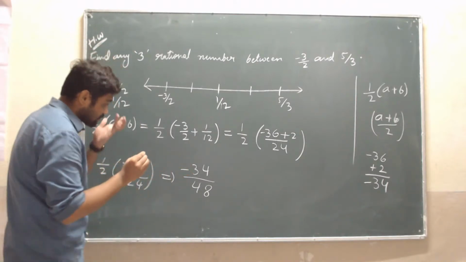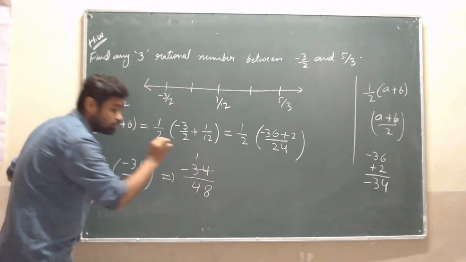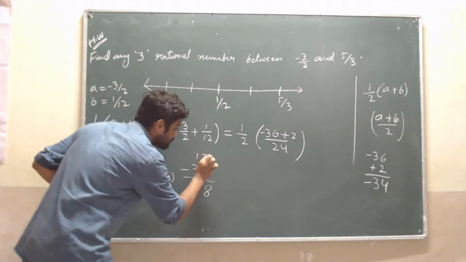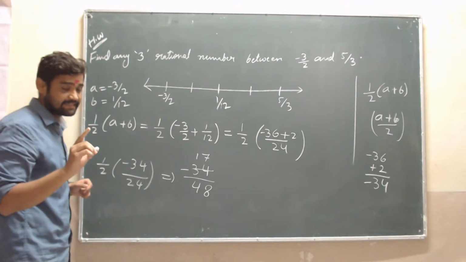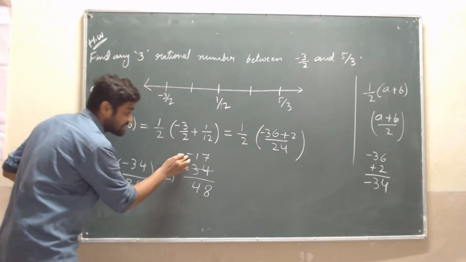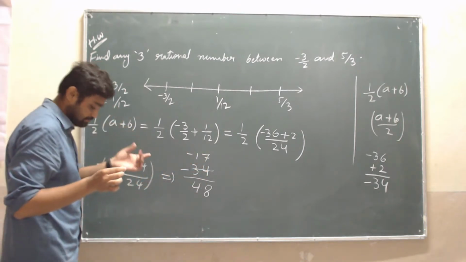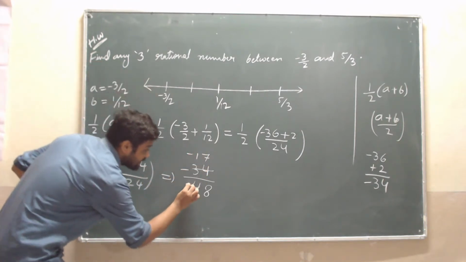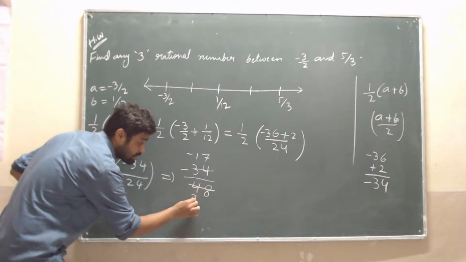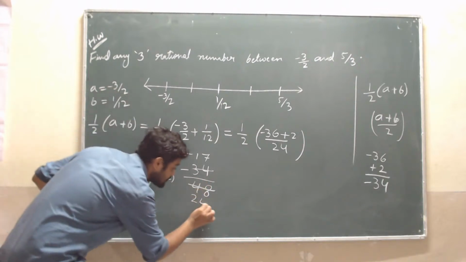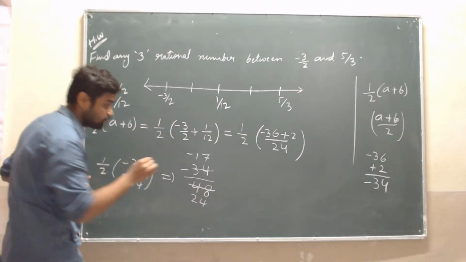So see, 2 ones are 2 and 2 sevens are 14. That is minus here and minus here. Then 2 twos are 4, 2 twos are 4 and 2 fours are 8. What is the answer now?